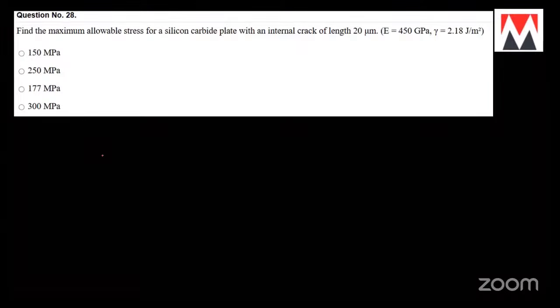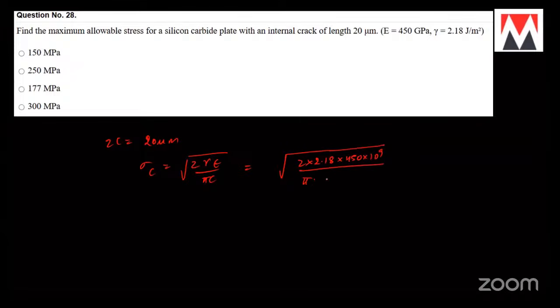Internal crack length is 2C is equal to 20 micrometers. So you know sigma C is nothing but 2 gamma E by pi C, right? So you have 2 into 2.18 into E is what? 450 into 10 power 9 by pi into 10 into 10 power minus 6 meters. So it is overall 250 MPa.